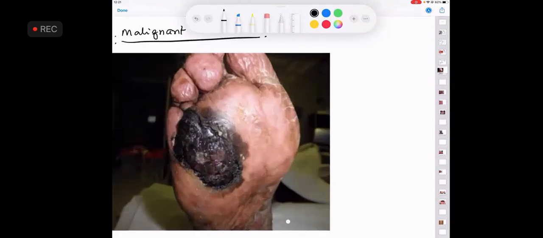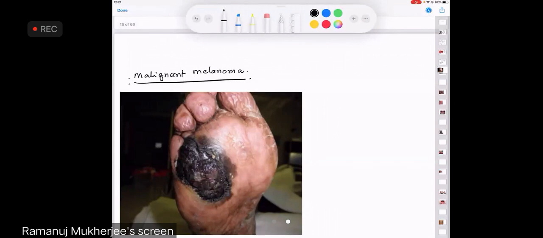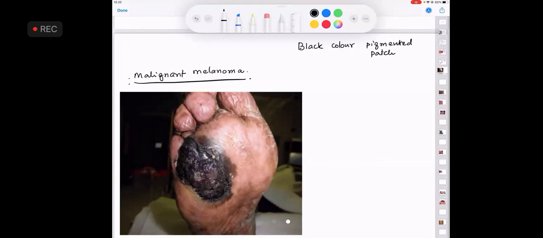Number one, yes, there is an ulcer that I can see in the picture, but the better description of this is that I can see a black colored pigmented, or better called hyperpigmented, patch. A patch is something that is more than 5 millimeter. So in dermatology, they will be teaching you the nomenclature. It is a black colored hyperpigmented patch. Number one, the margins of this, as I hope you can appreciate, are not at all very regular.